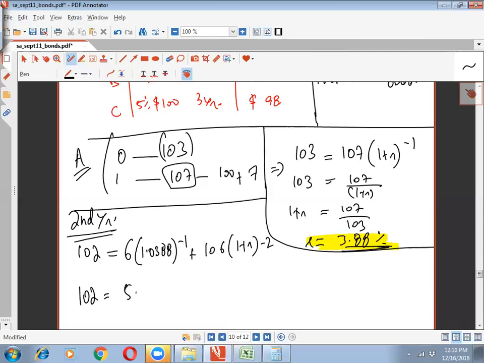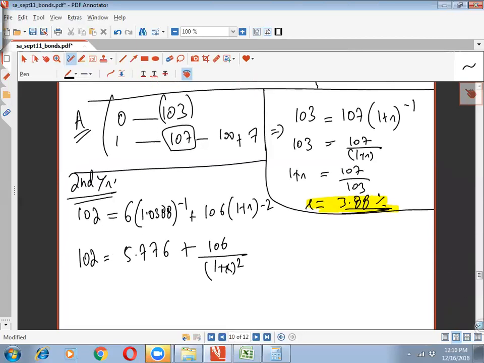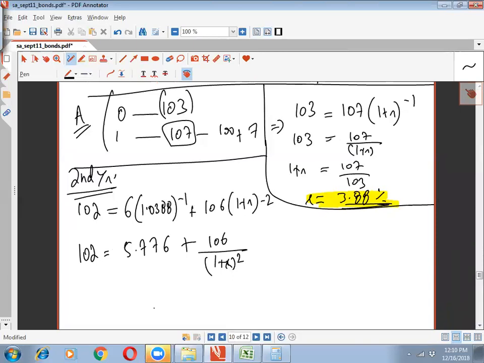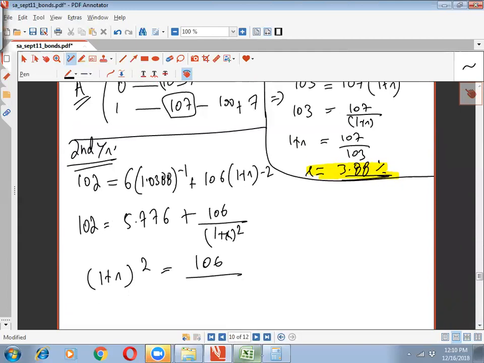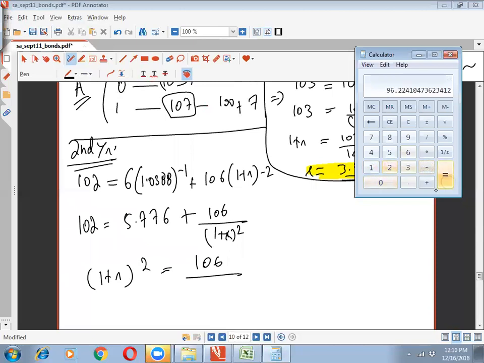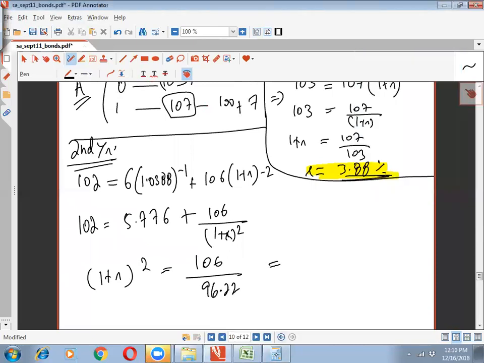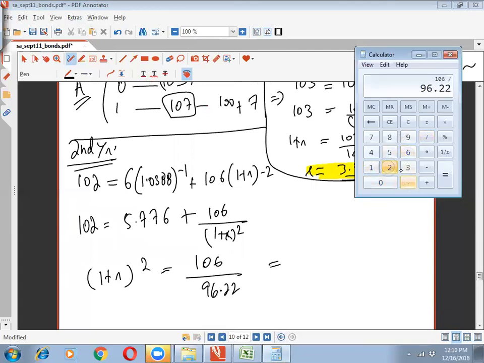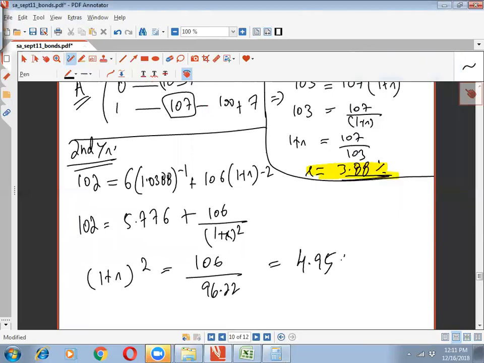It will become 102 is equivalent to 5.776 plus 106 divided by (1 plus r) power 2. Resultingly, (1 plus r) power 2 is equivalent to 106 divided by 96.22. So you'd get 4.95% as the R.